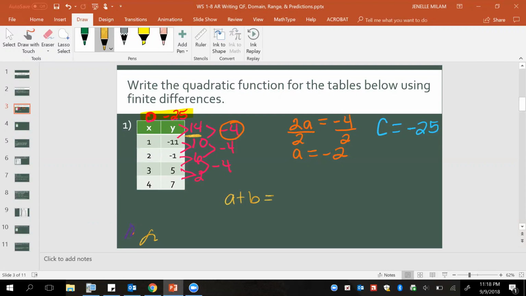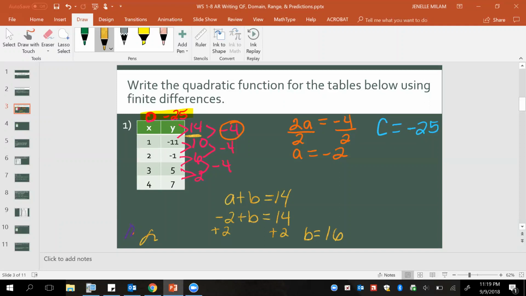What's going to change is the number it's equal to, and that's always going to be where your x is 0. What is this first difference? So that's 14. And then we know that a is negative 2. So negative 2 plus b equals 14. We're going to add 2, add 2. So b equals 14 plus 2, which is 16.